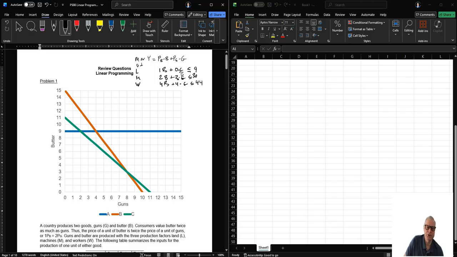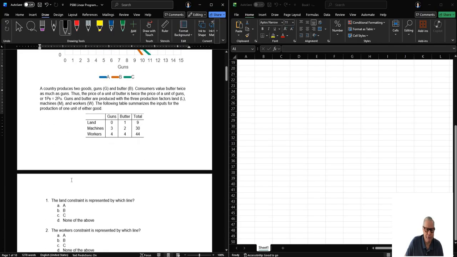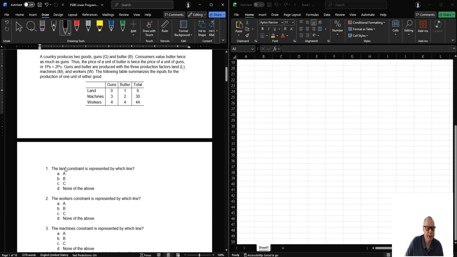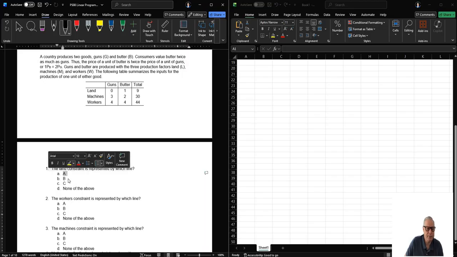That's why it's a horizontal line. I theoretically could produce, given the land constraint, an infinite amount of guns, because I don't need any land for the production of guns. So the land constraint is represented by A.